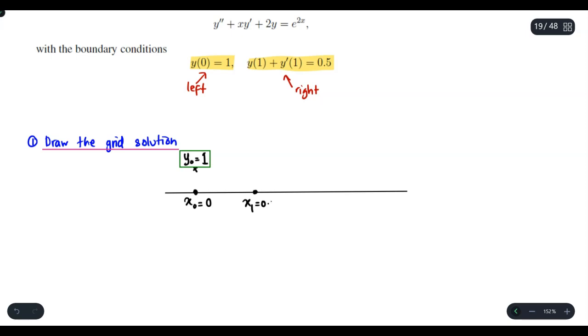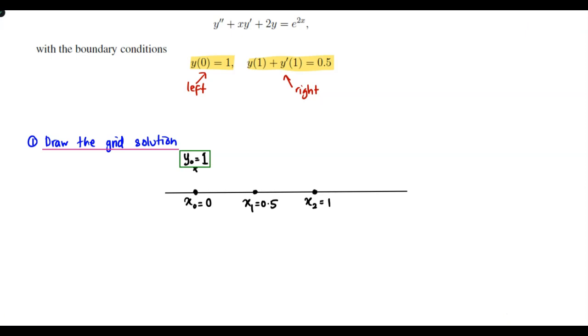So this is 0.5. And then you are going to have another point, because your right boundary is at x equals 1. You can see based on the right boundary condition, y(1) plus y'(1). The right point is 1, and your left point is 0. So you will have x2, which is 1.